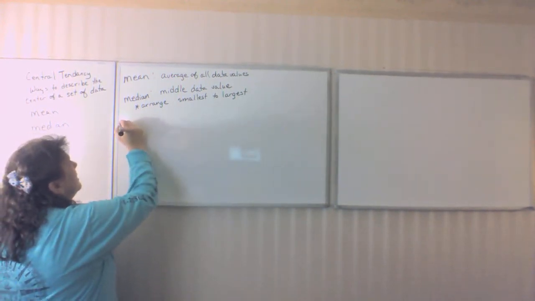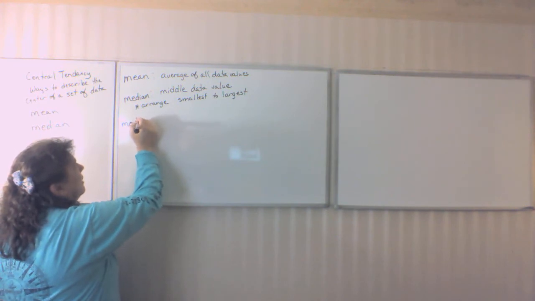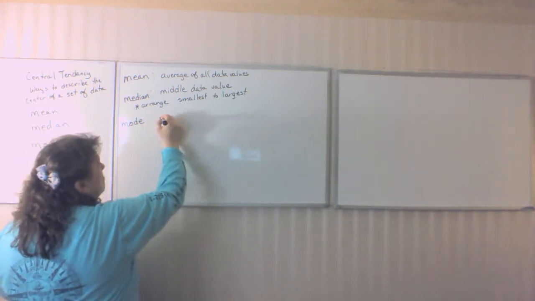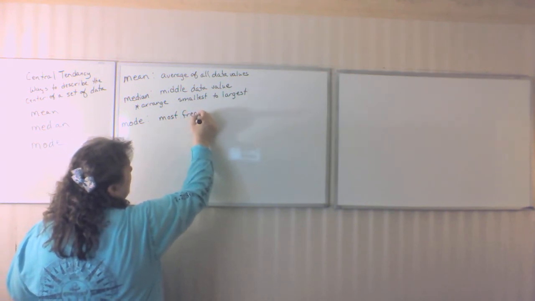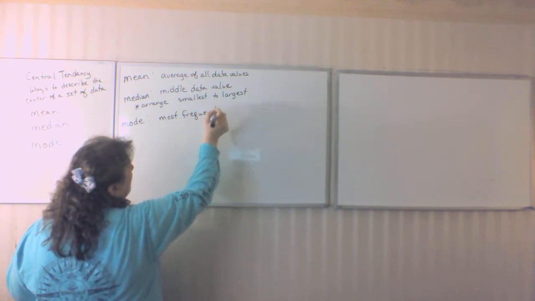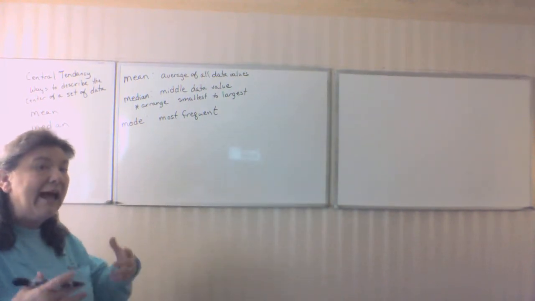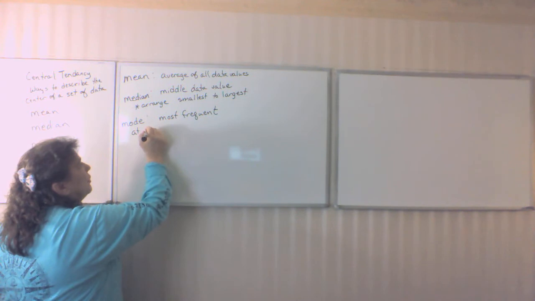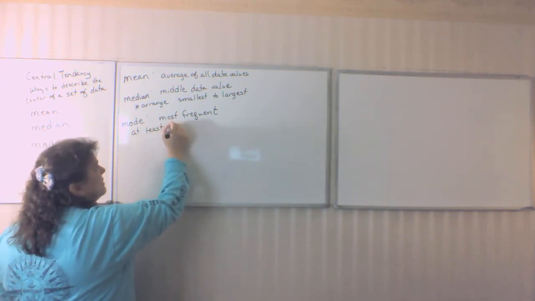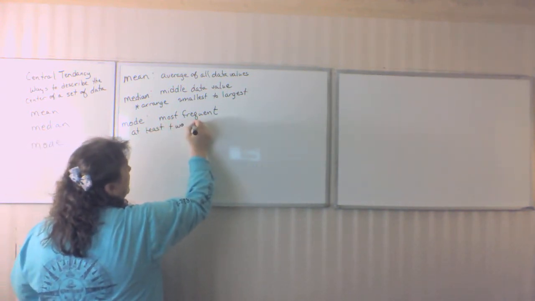The last one is the mode. And the mode is the most frequent. Therefore, to even have a mode, you must have at least two different values.